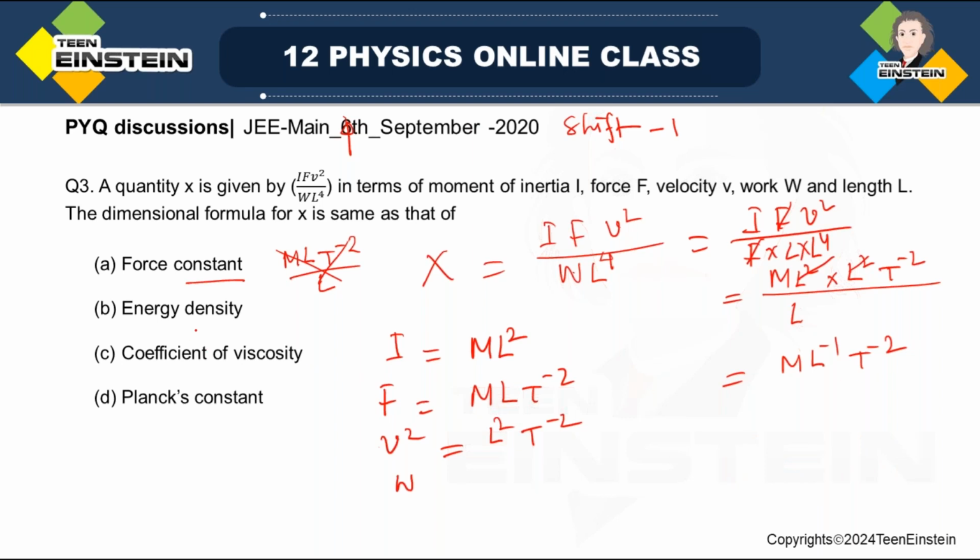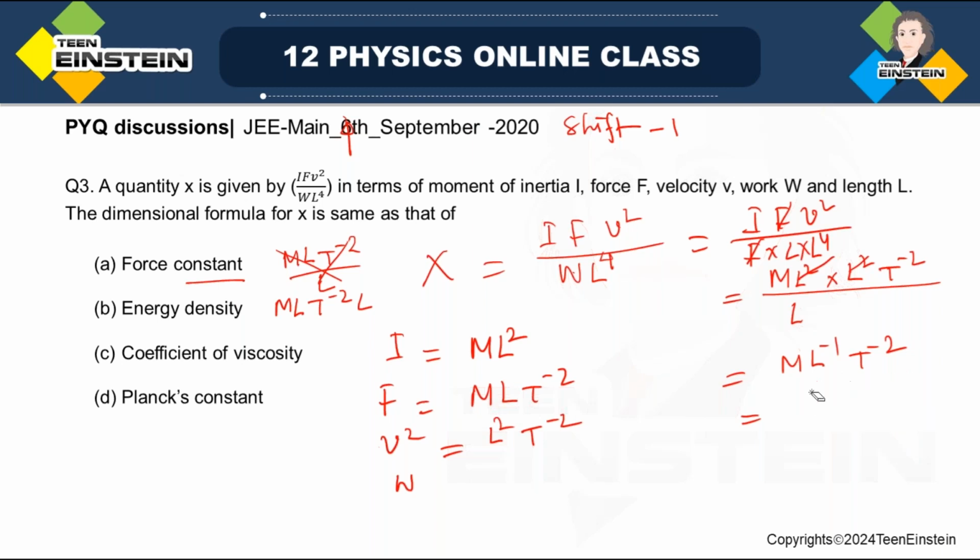Okay, so look, this energy density will be actually work done: ml t to the power minus 2 into L. This will be work done, so ml square t to the power minus 1, so this will be your work done.